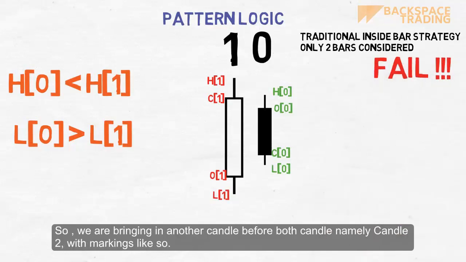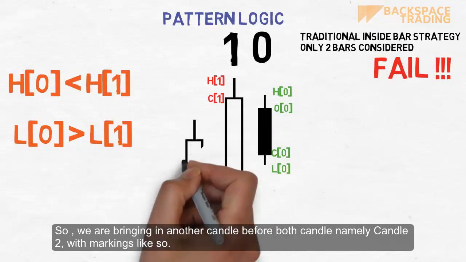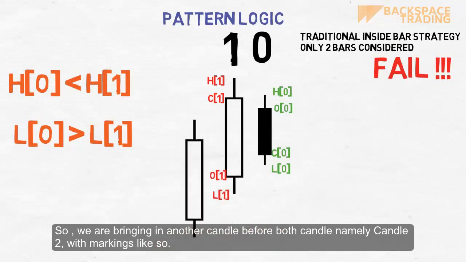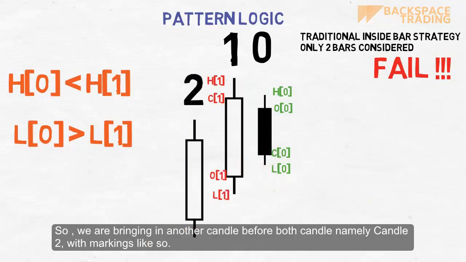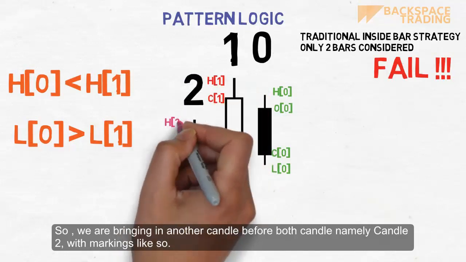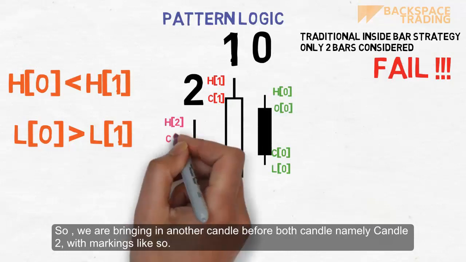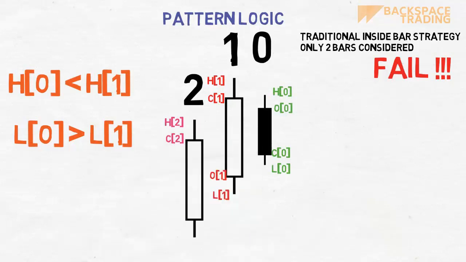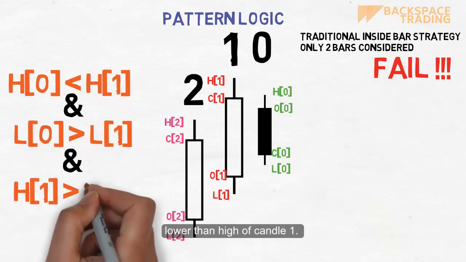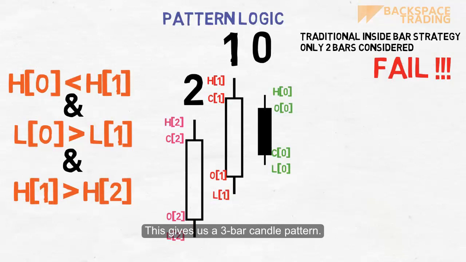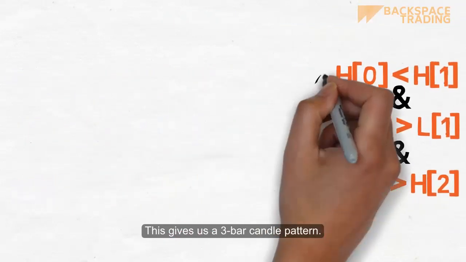So that's why we are bringing in another candle before both candles, and this candle would be called candle number 2, with high of 2, close of 2, open of 2 and low of 2. The high of candle 2 has to be lower than the high of candle 1. This gives us a 3 bar candle pattern.